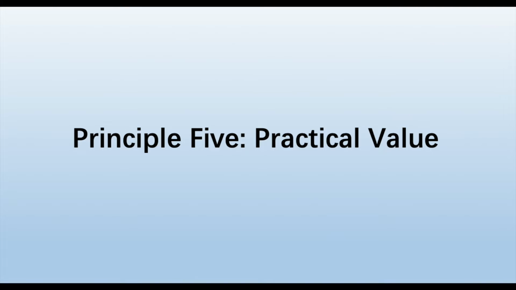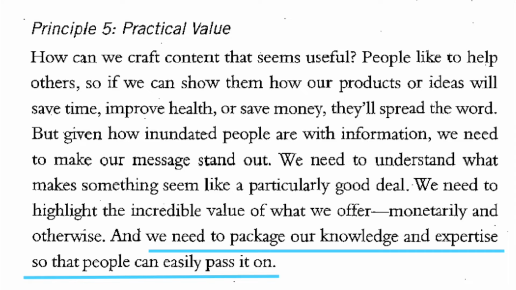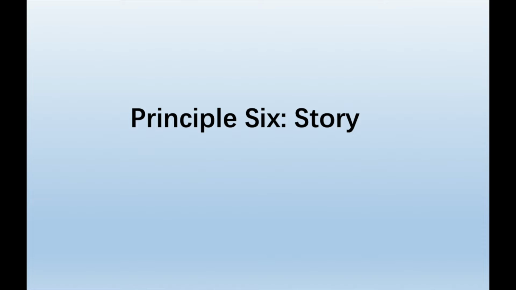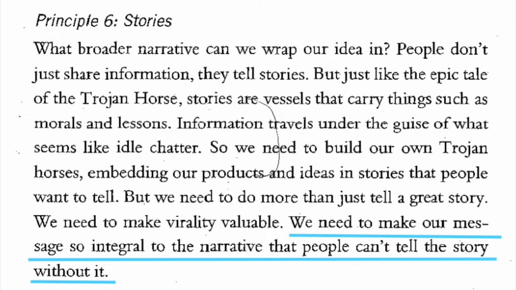Principle 5. Practical value. We need to package knowledge and expertise so that people can easily pass it on. Principle 6. Stories. We need to make our message so integral to the narrative that people can't tell the story without it.